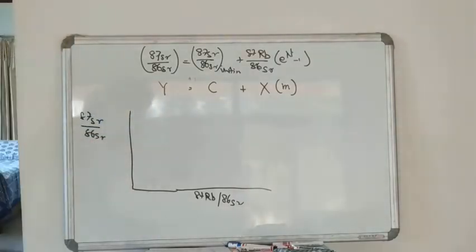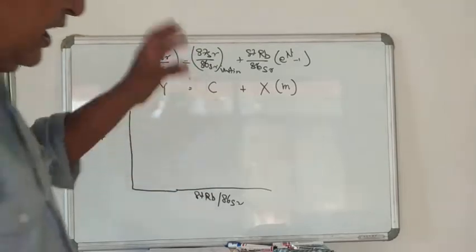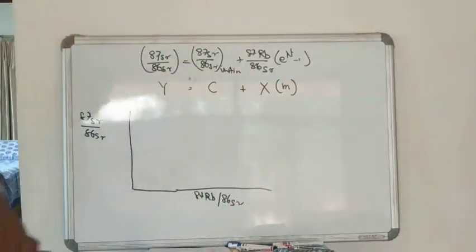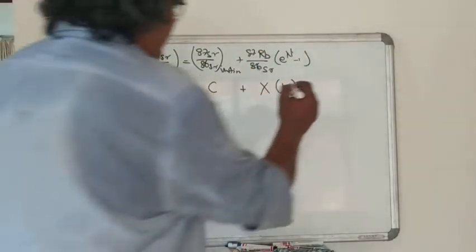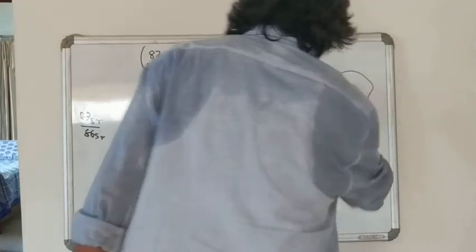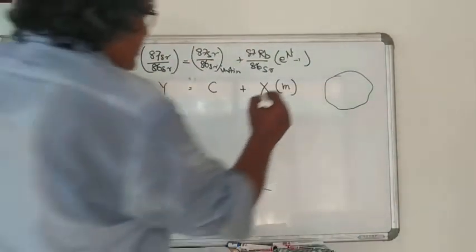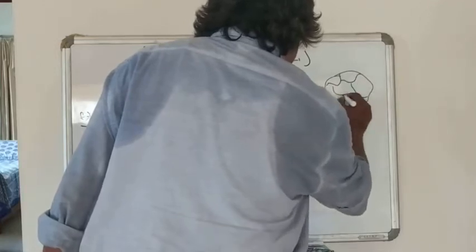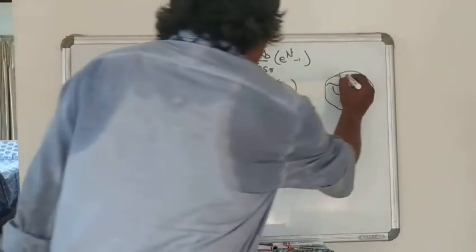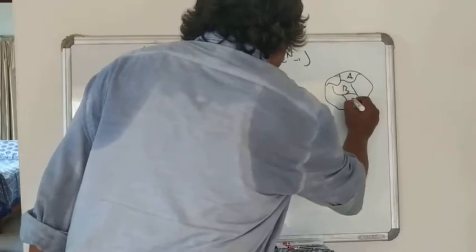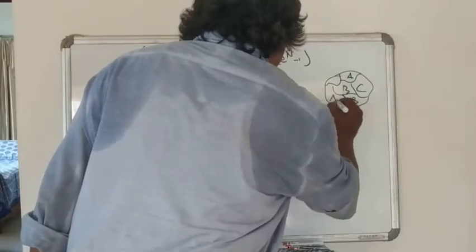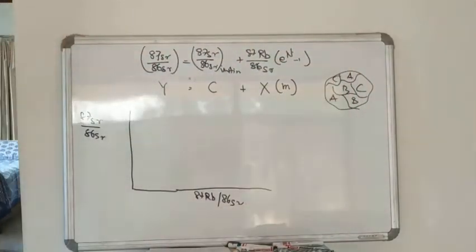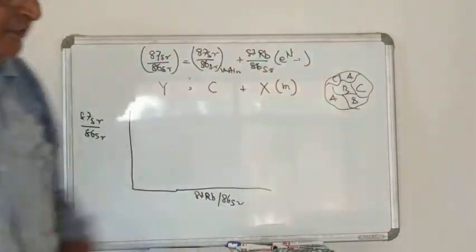Now, in a rock, say for example a rock which you are trying to date, you have different minerals. Have you understood? Say minerals A, B, C, and so on, and you have the final rock.